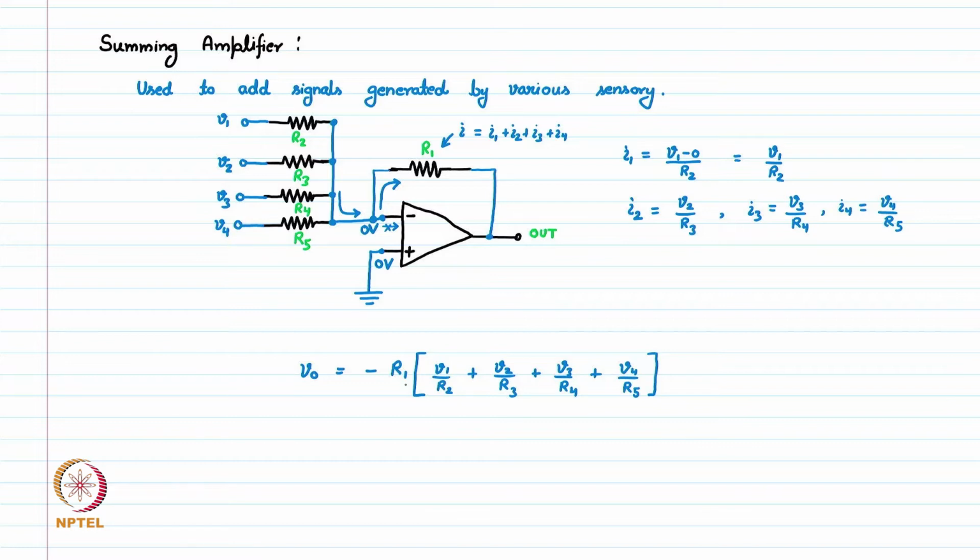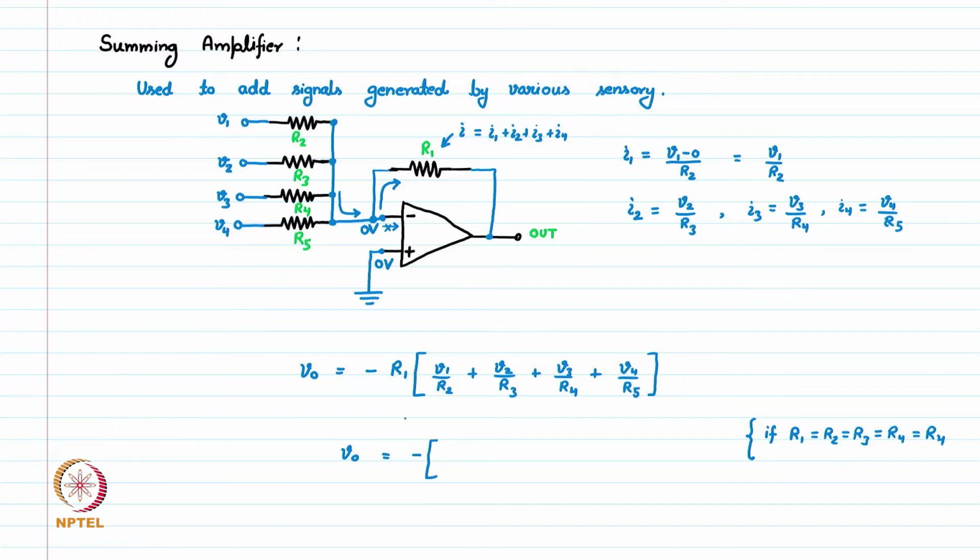If we put in this circuit R1, R2, R3, R4, R5 as the same, so if R1 is equal to R2 is equal to R3 is equal to R4 and equal to R5, the equation looks something like this.